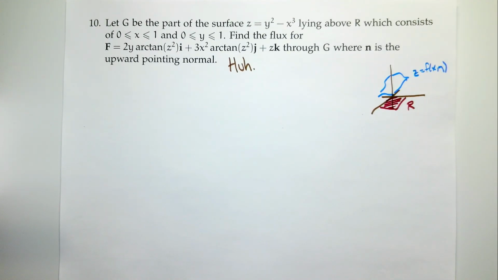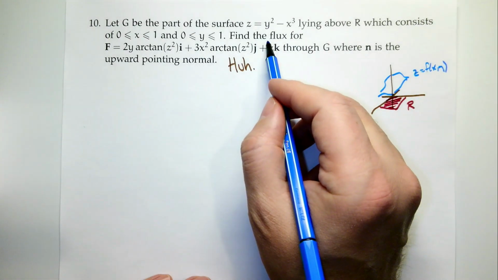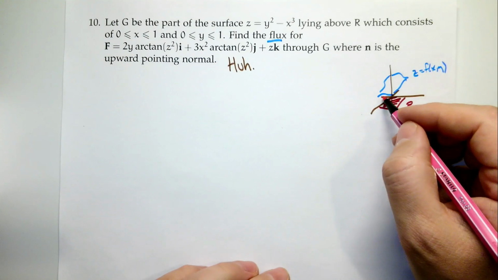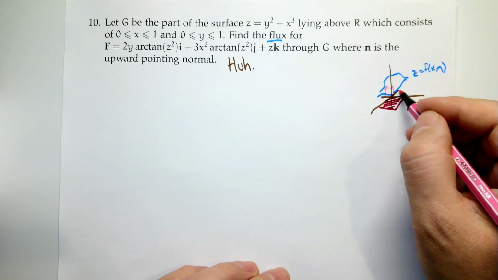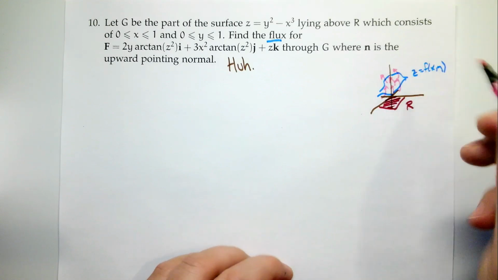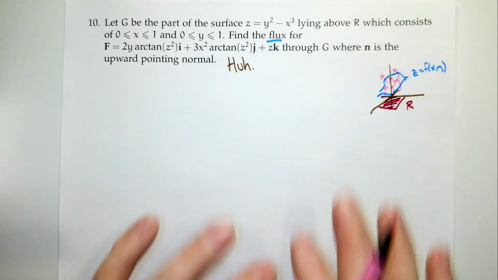And when you're looking for flux, flux is a very fancy word which means flow. So you have a vector field, and a vector field can be used to model how things move through a system, like for example, how particles move through a system. So you have these particles which are moving through the surface.